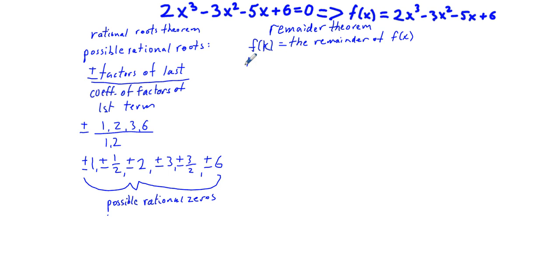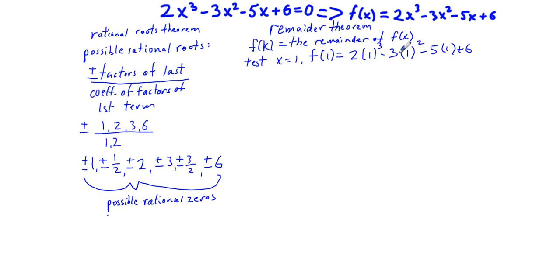And so the first thing we're going to do is test the easier numbers. So test x equals 1 is a 0. And to do that, we're going to say f of 1 is equal to, we're going to plug in 1, so 2 times 1 cubed minus 3 times 1 squared minus 5 times 1 plus 6.